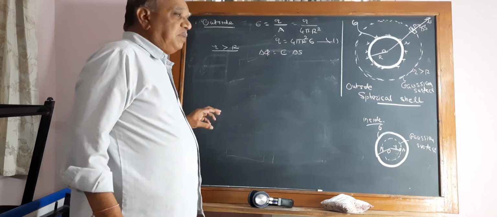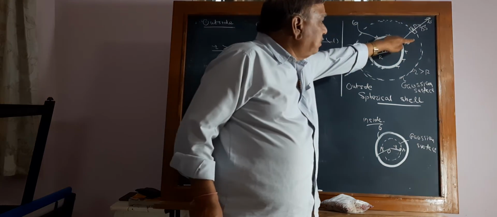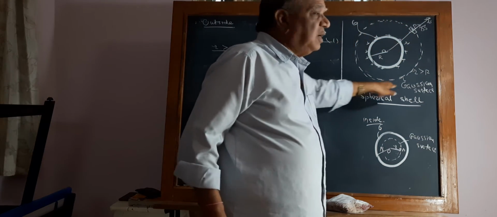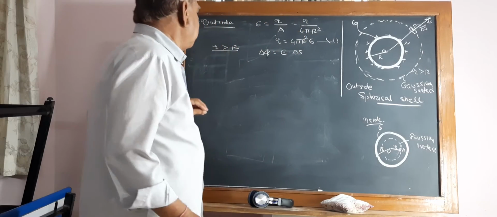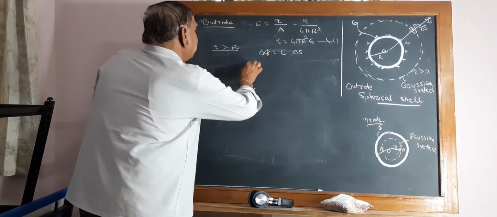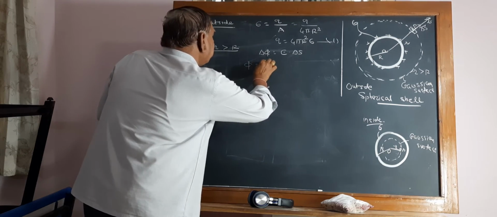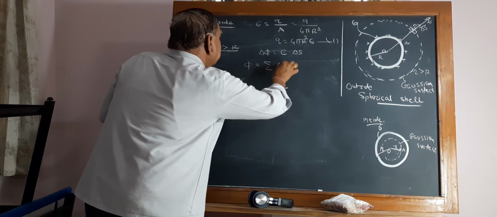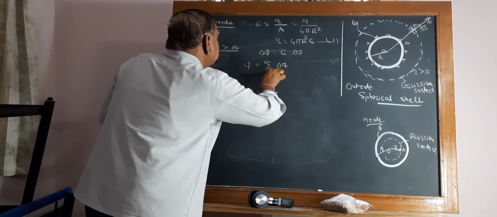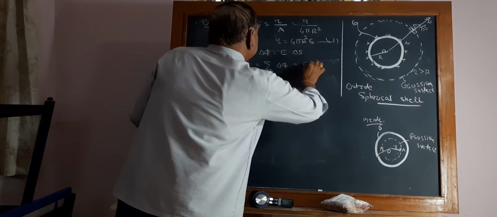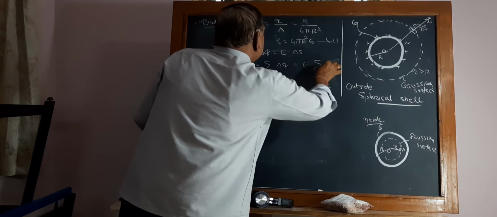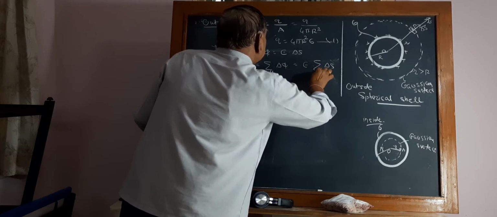Total flux can be obtained by adding the flux for all surface elements. So by adding, we can write phi equal to sigma of delta phi for all elements. So it is E sigma of delta S for all elements.